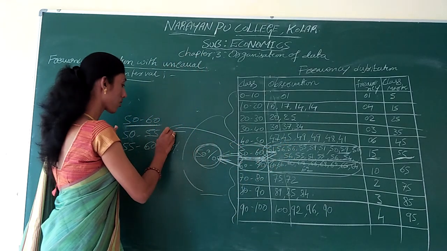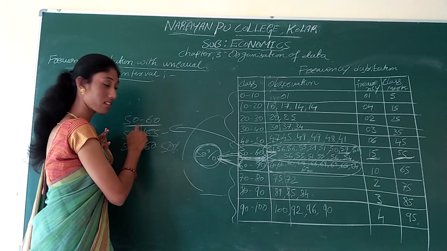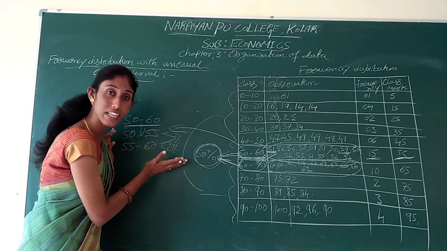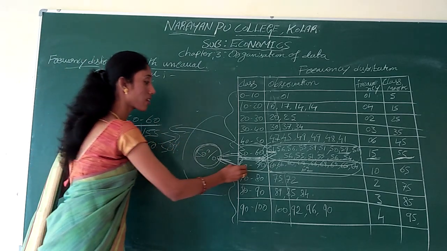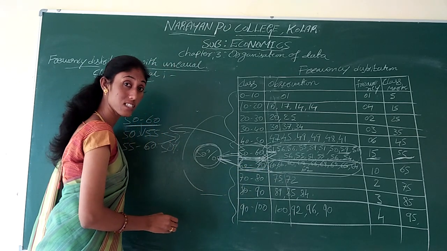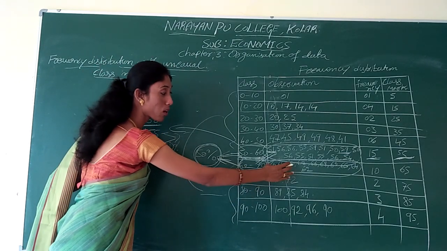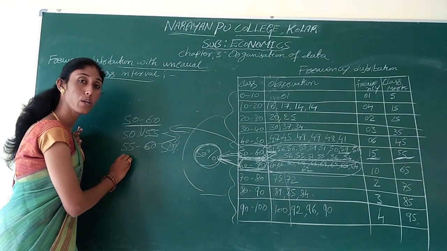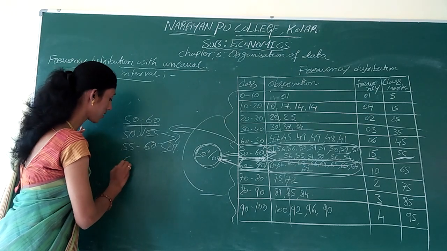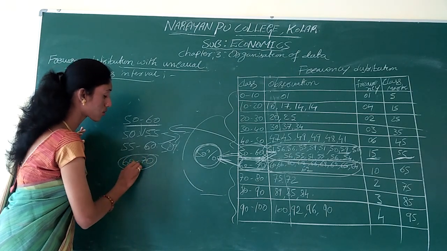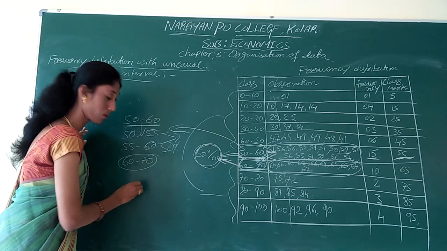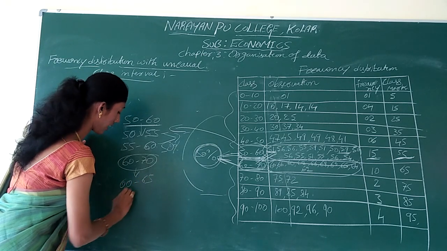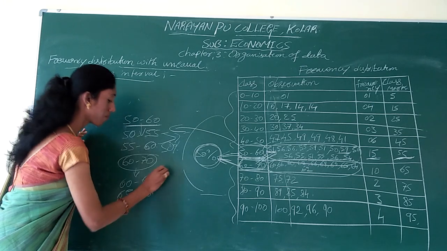When we divide this particular class into two classes, the concentration of values will decrease. In the same way, the class 60 to 70 also has more observations, and it is also having more concentration of values. So we divide this class into 60 to 65 and 65 to 70.